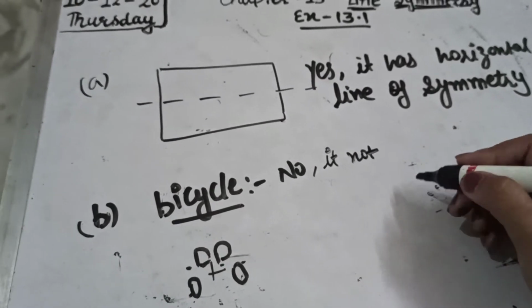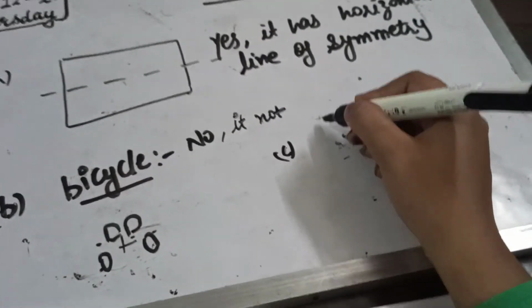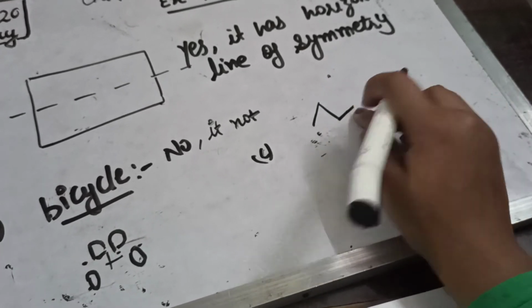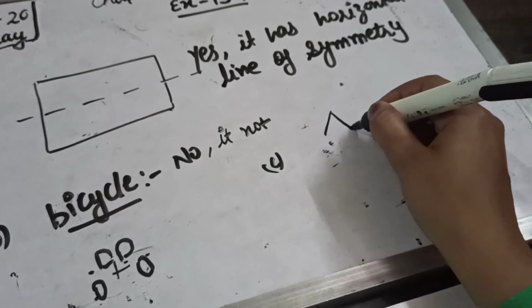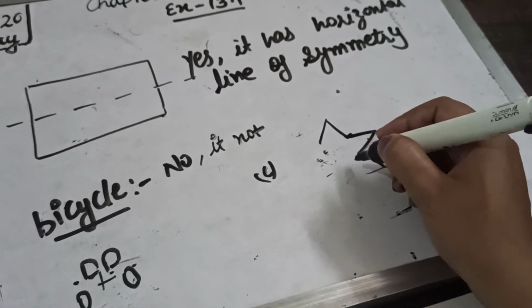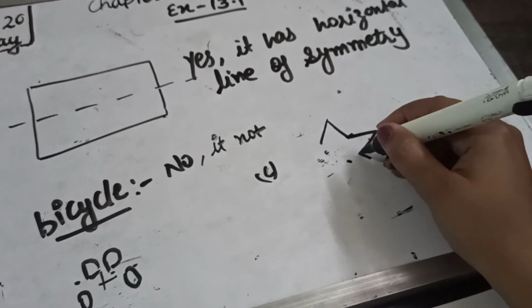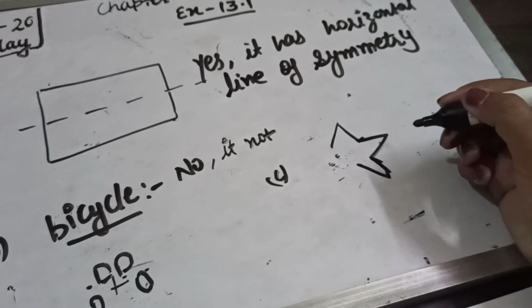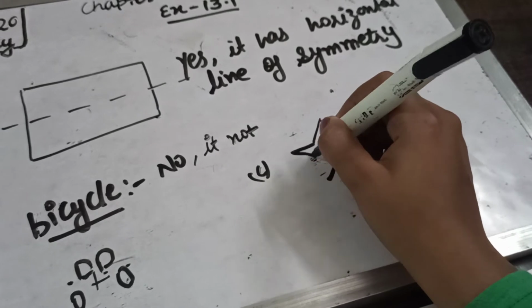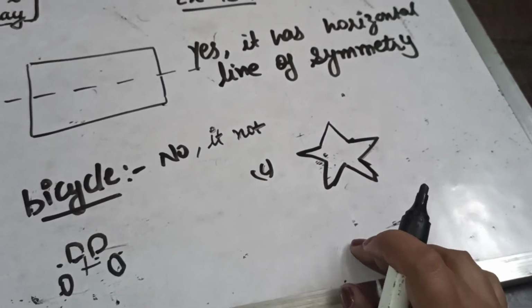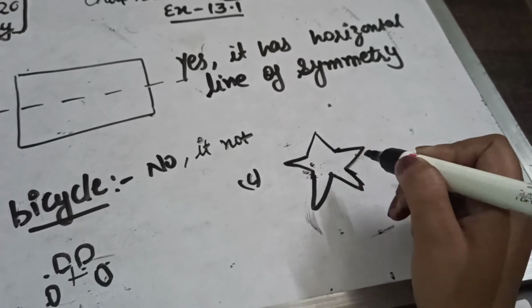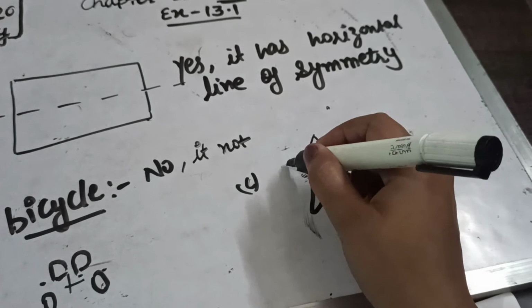Clear? Next, C part is of the given star shape. Like this. Right, so if in this you draw, which one?